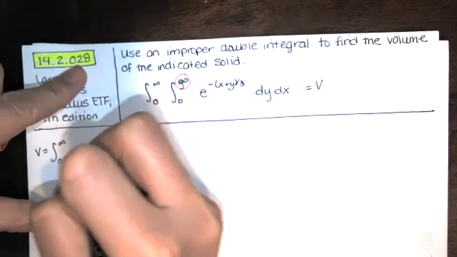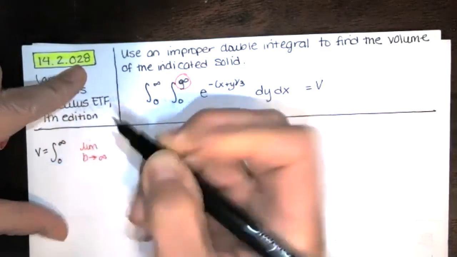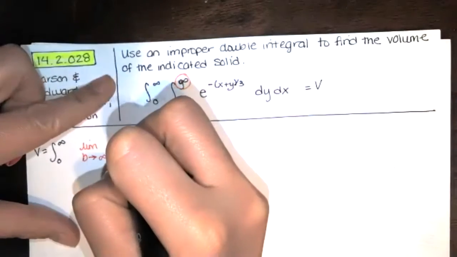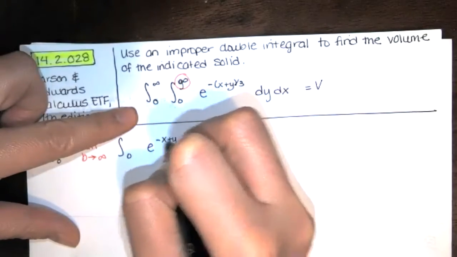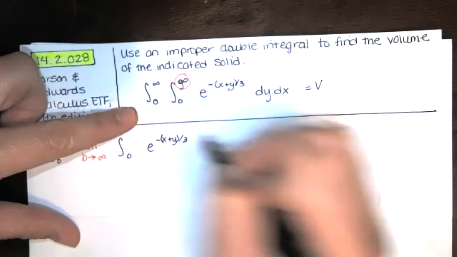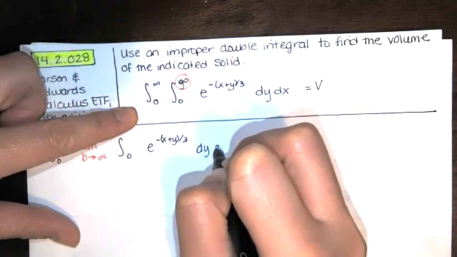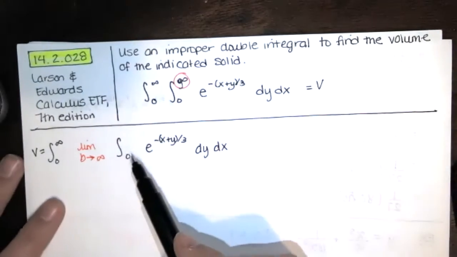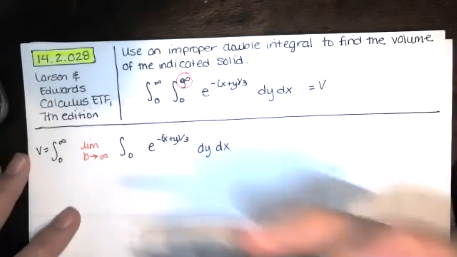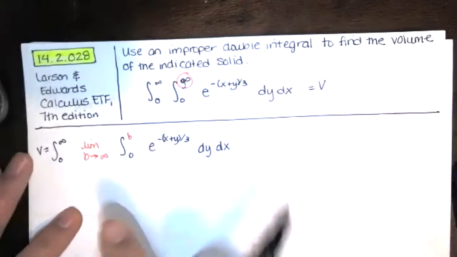So I'll take the limit as b goes to infinity of almost exactly the same integral, but instead of integrating from 0 to infinity, we'll integrate from 0 to b.